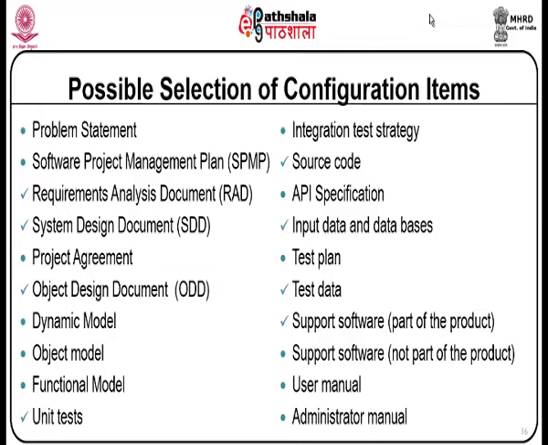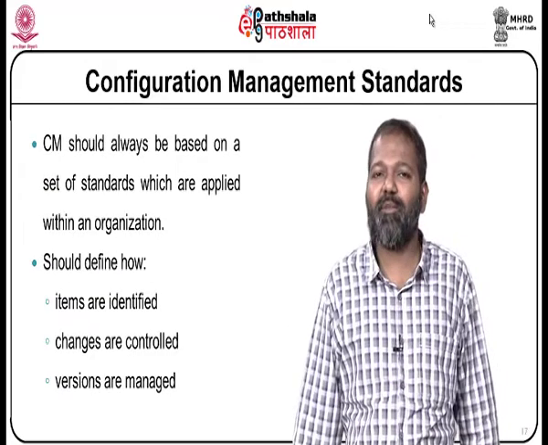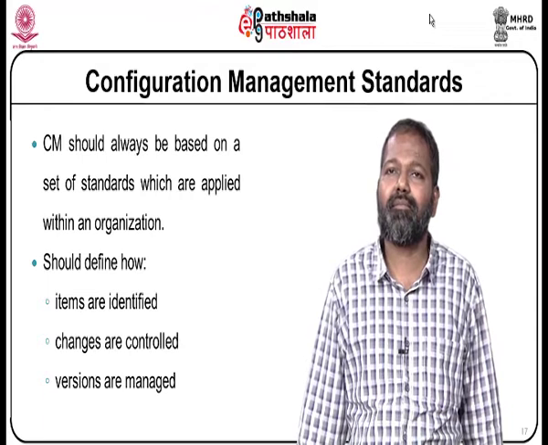The process logic that you have implemented in a module, which is part of your detailed design, may have to be altered. Object design document, unit tests, source code, input data and databases, test data, support software which is part of the product, or possible selection of configuration items.